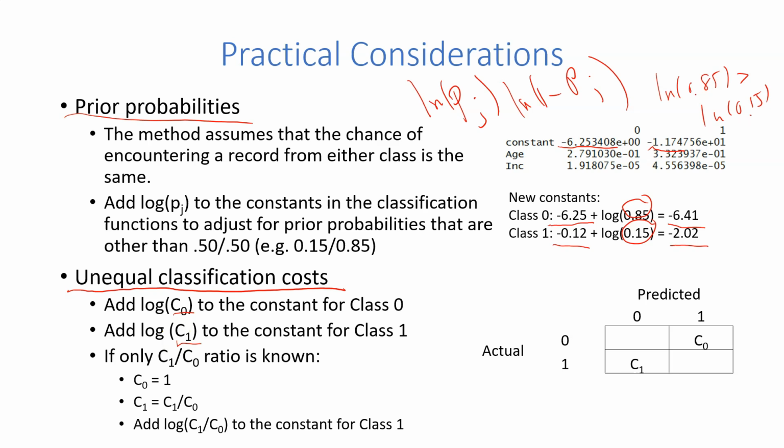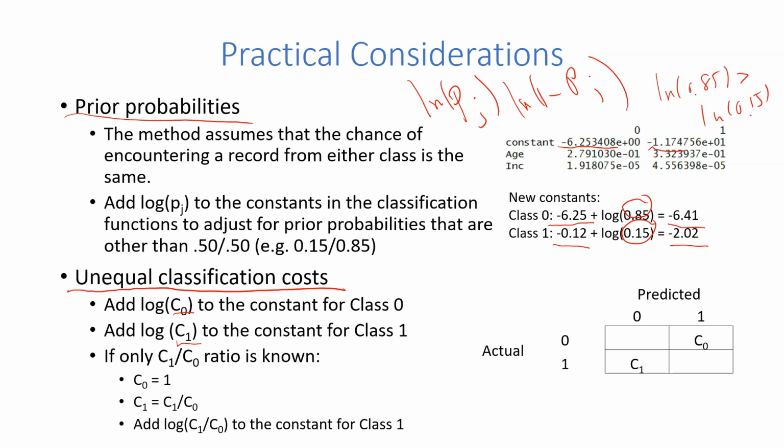We will simply add the natural logs of C0 and C1 to the constants of the classification functions for class 0 and class 1 respectively. Whichever class has the higher misclassification cost would result in higher classification scores, making it more likely to classify cases into that class.